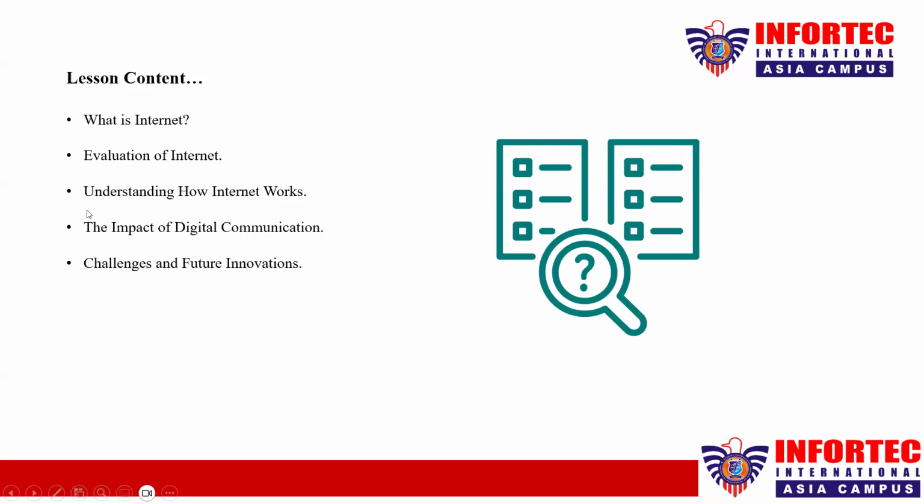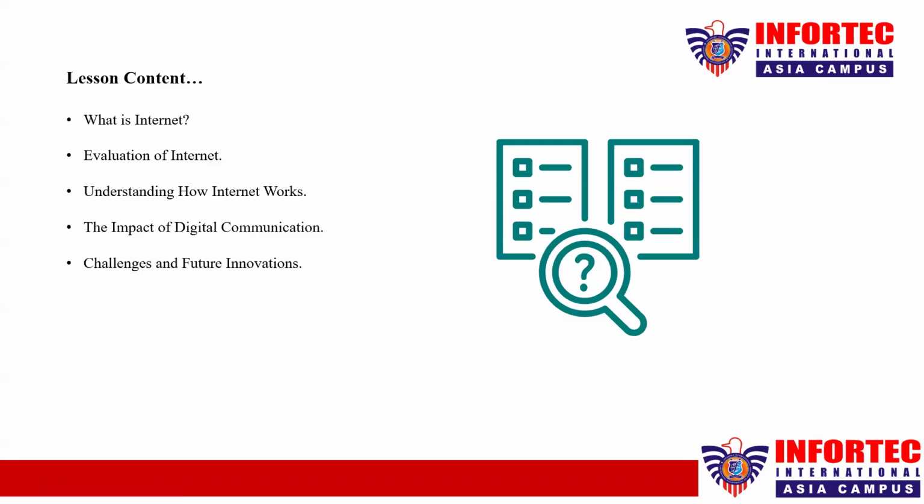And then under the third topic, I will discuss how the internet works. So basically we should understand how the internet works in a practical environment. So I will take you through that part and I will show you how the internet works in different fields.